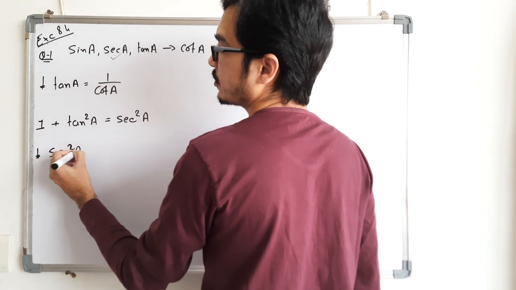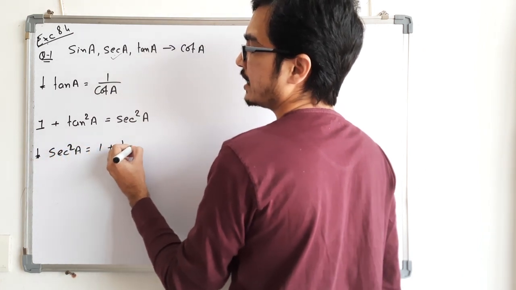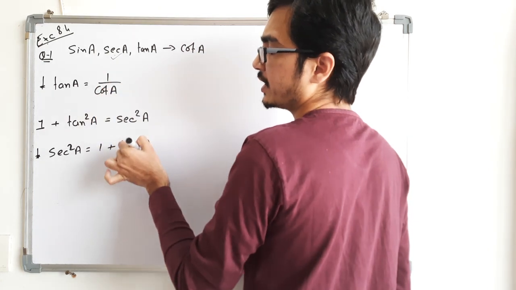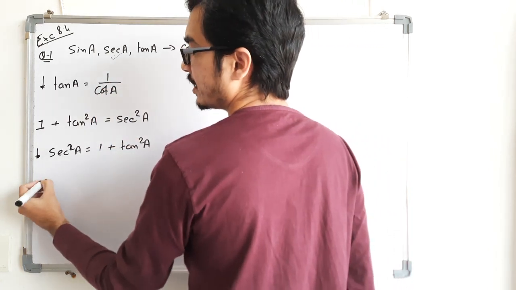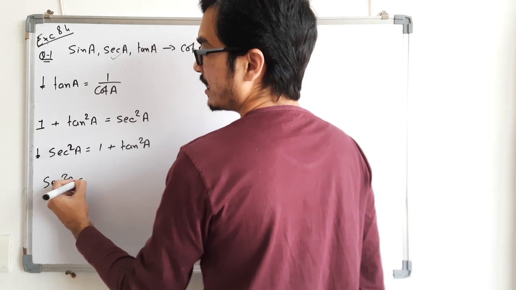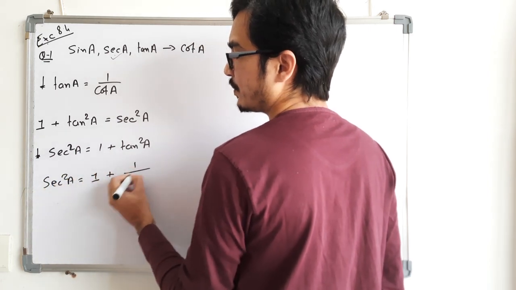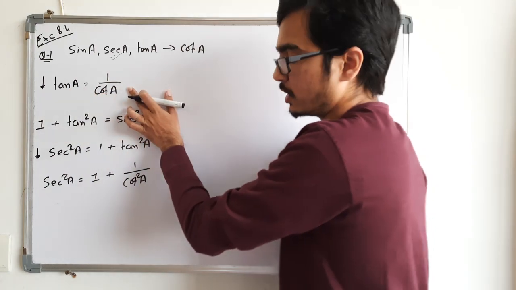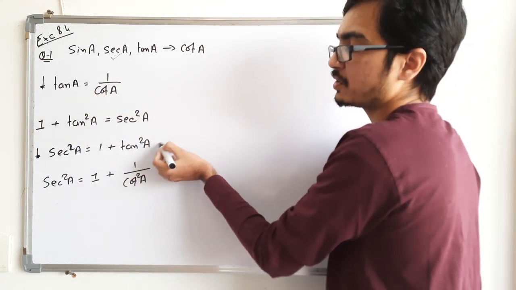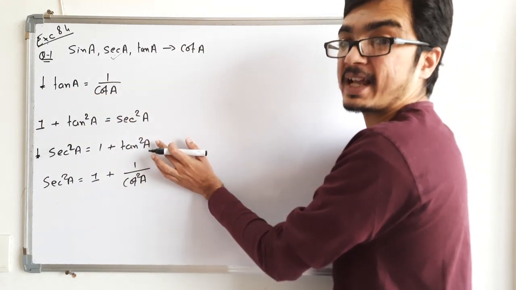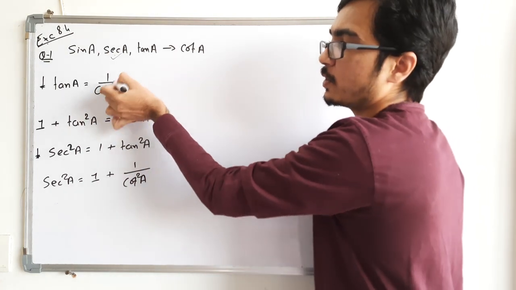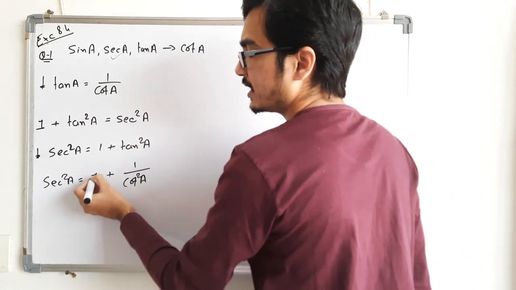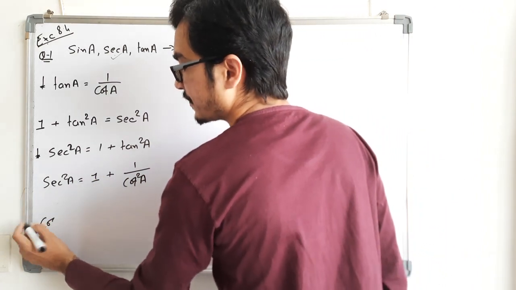We can say that sec square A is equal to 1 plus tan square A. I can substitute the value of tan over here, that is 1 upon cot. If a square is there, then we will consider 1 upon cot square A, because as such tan A is equal to 1 upon cot A. But here we are going to substitute the value in the place of tan square A. So the square of 1 upon cot is 1 upon cot square A.